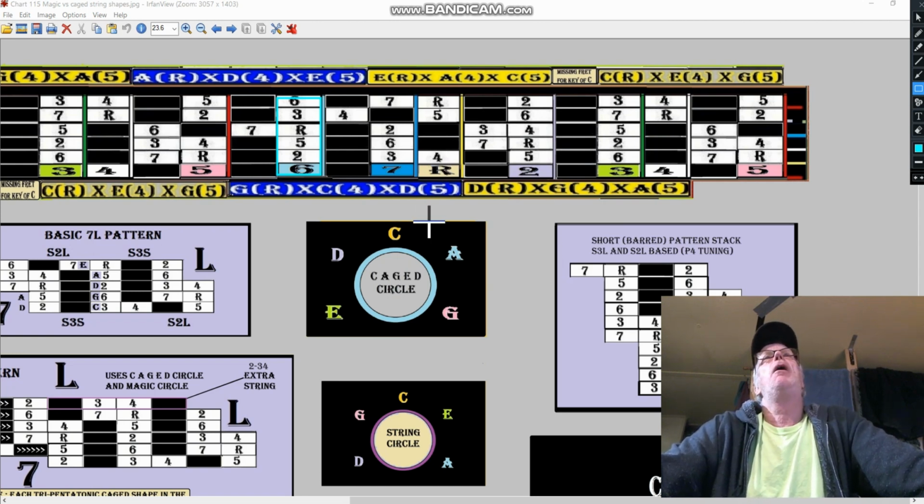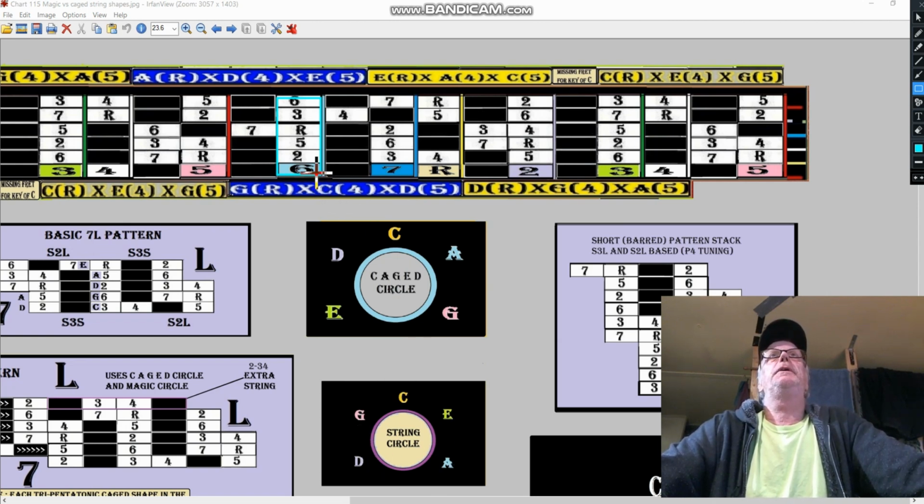And as we go up in the magic circle, the string circle rather, the string circle is the magic fret. 6 is G, okay? 2 is D. 5 is A. Okay, you see how we're going like that? So as we go up in the magic fret, we're going counterclockwise in the string circle.